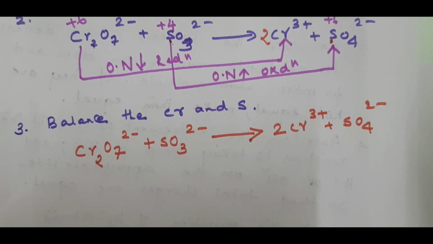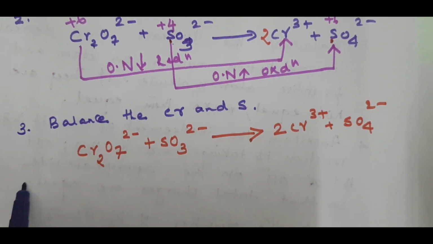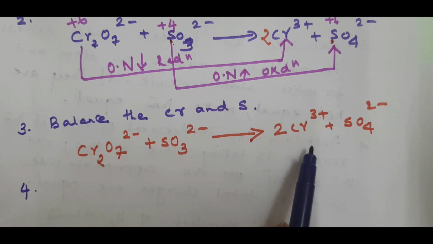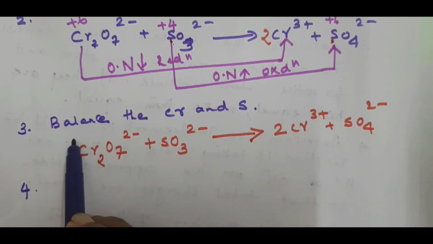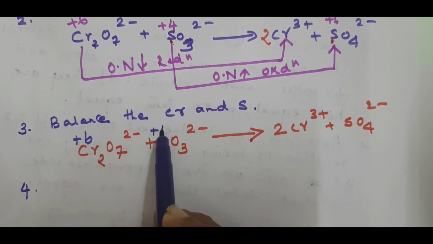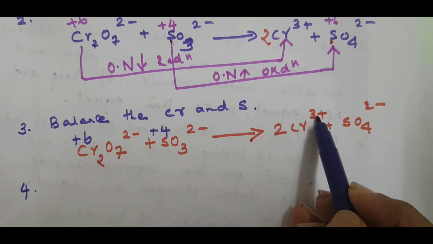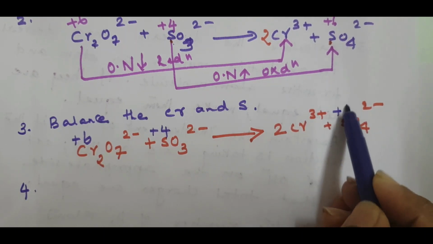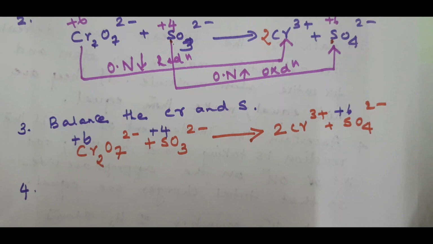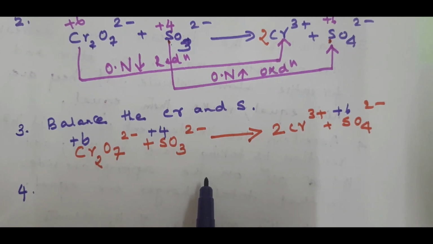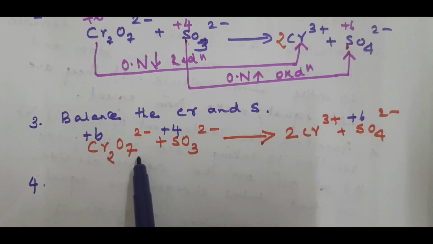Now what is the next step? The next step is to see how much is getting oxidized and reduced. So this is plus 6, this is plus 4, this is plus 3, and this is plus 6. See? Okay. Now the next step is you have to balance the charges.